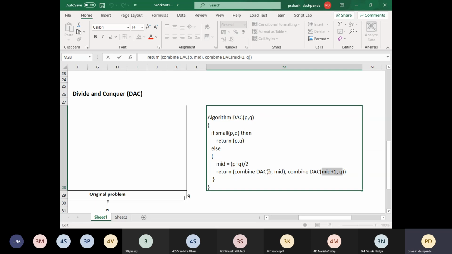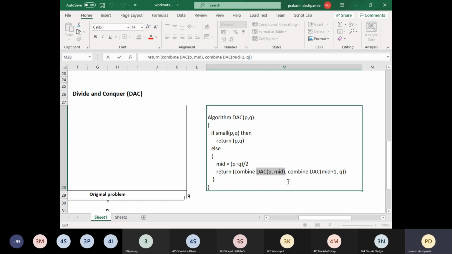Now, individually, suppose for the first half when I call, I get P and the mid value, and I will check it once again. Is it small? Small means with respect to these new values, is it a small problem for which I can get the values? If yes, return the solution. That means now I got one particular solution.